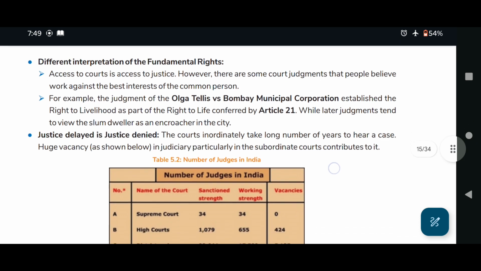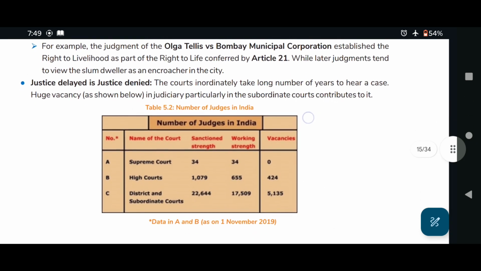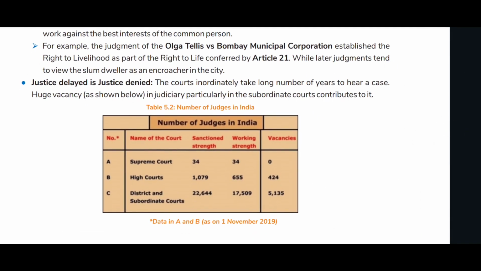The courts inordinately take a large number of years to hear a case. Huge vacancy, as shown below, in the judiciary, particularly in subordinate courts, contributes to it. Now you can see the number of judges in India. The Supreme Court sanctioned strength is 34, working strength 30, vacancies 0.